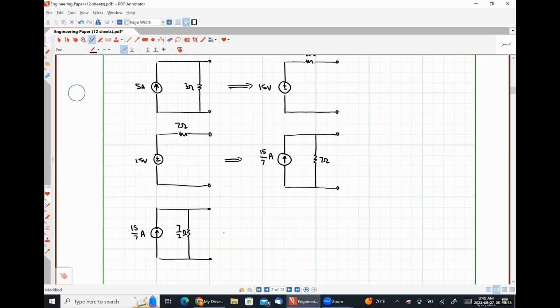It is going to look like what? "15 halves as my voltage magnitude," absolutely right. And what is that voltage source going to be connected to? In series or in parallel? In series, absolutely, thank you.